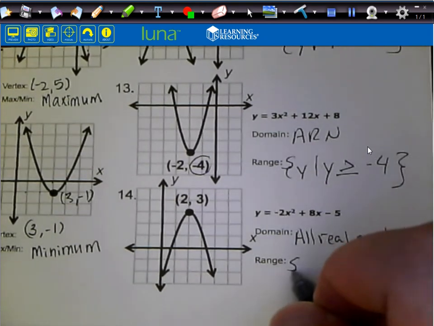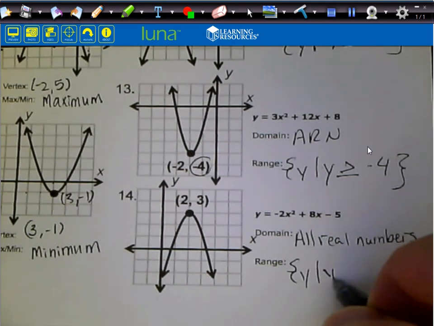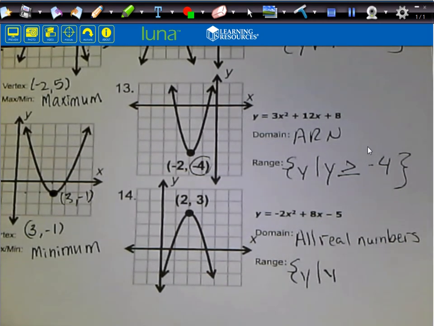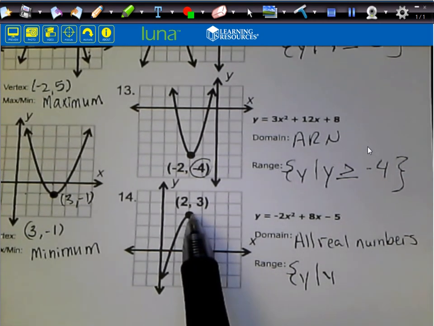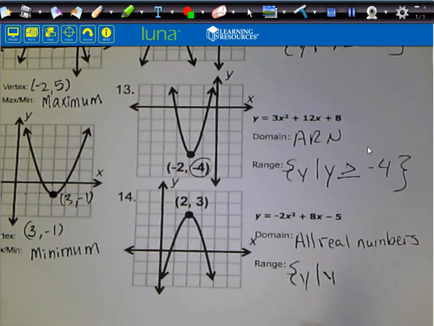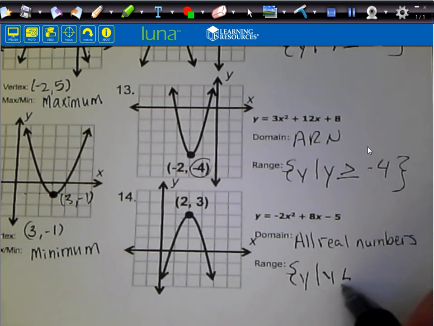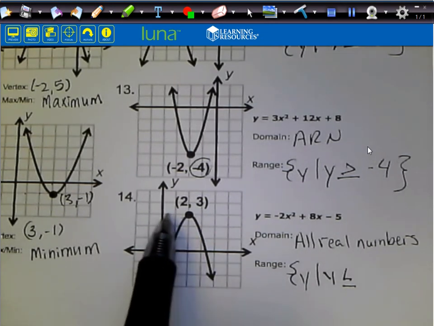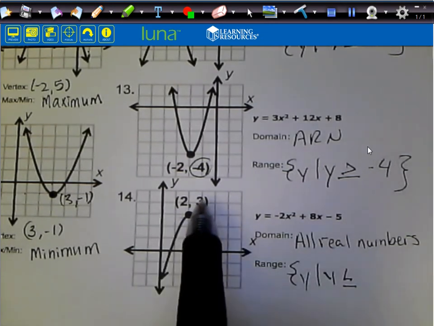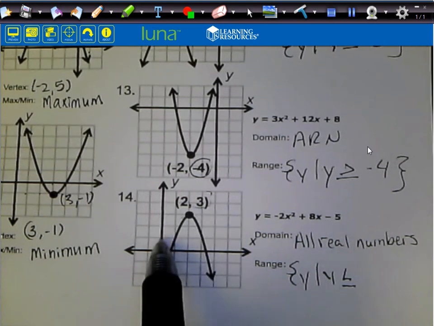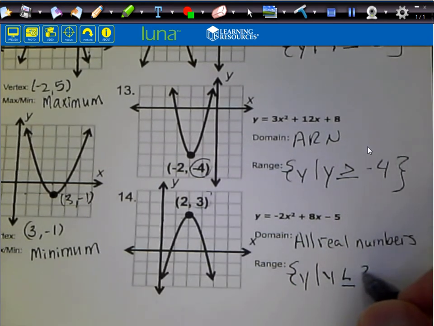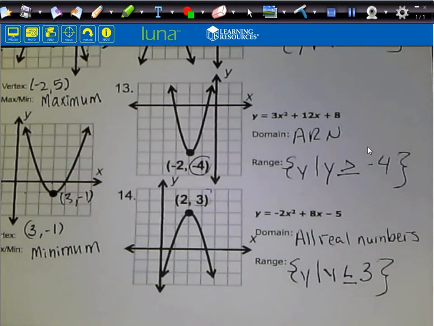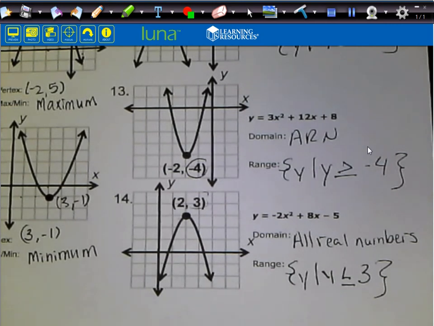My range here is y such that y, and then if I look at my parabola here, it's everything from this top point and down. So it's less than or equal to. And it's everything from this top point and down. And the y value of this top point is at 3. 1, 2, 3. So it's going to be y is less than or equal to 3. And again, you need your braces for that.